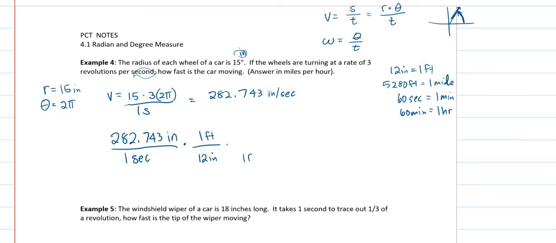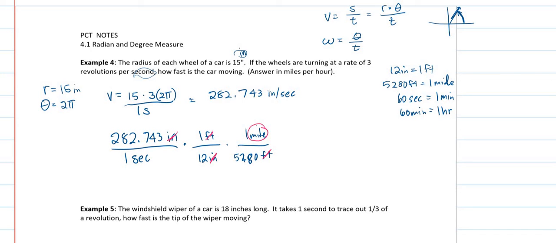So feet are going to go on the bottom, 5,280 feet on the bottom and 1 mile on the top. And what you can see is that this inch unit will cancel this inch unit, this foot unit cancels this foot unit, and all that's left as a unit on the numerator is miles.